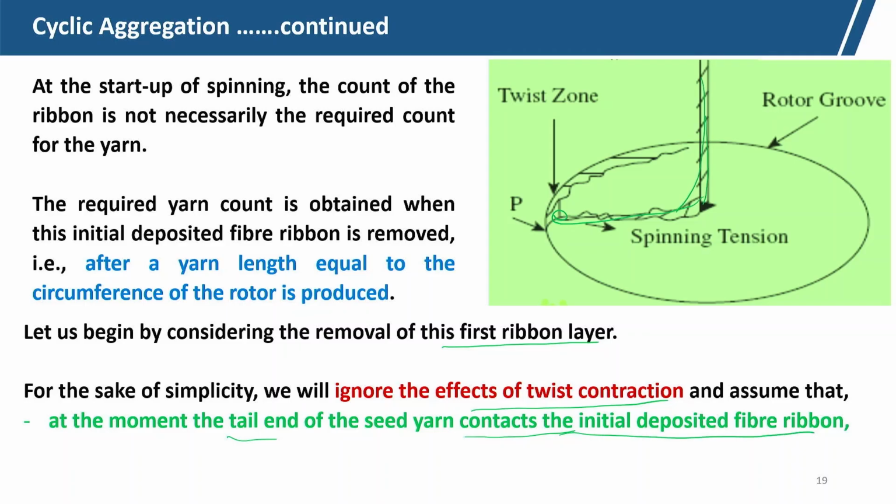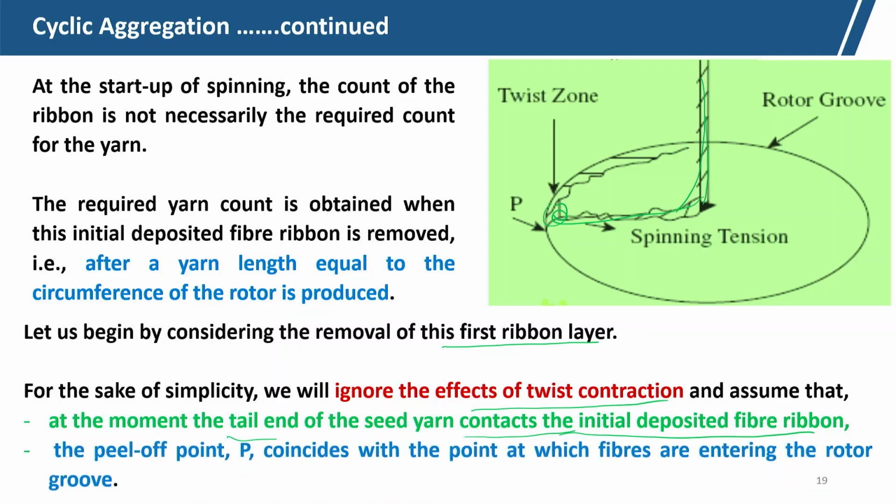The tail end goes to the rotor groove by the centrifugal force that we have discussed, and the peel off point P coincides with the point at which the fibers are entering the rotor groove, that is the assumption. So, fibers are entering the rotor groove at point P, and that is the peel off point, but actually it may not be the case. For simplicity, this is the assumption here for the first layer.